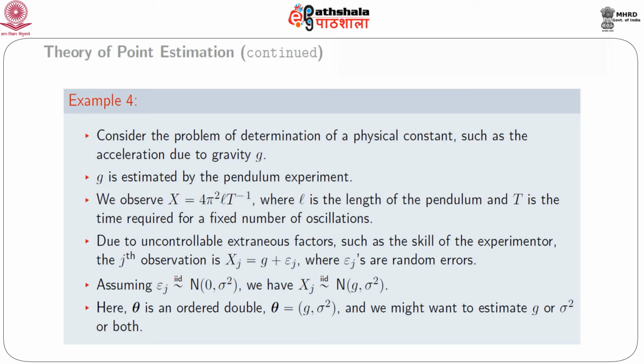Assuming epsilon j follows normal distribution with mean 0 and variance sigma square, then xj's are IID normal random variables with mean g and variance sigma square. Here theta curl is an ordered double, that is a vector with two elements g and sigma square, and we might want to estimate g or sigma square or both.